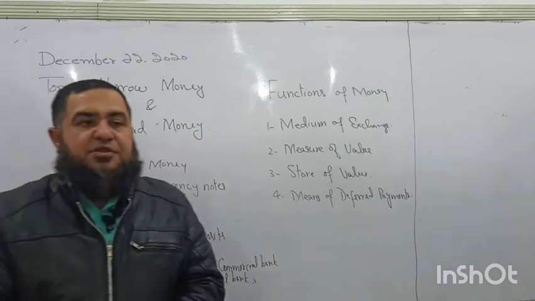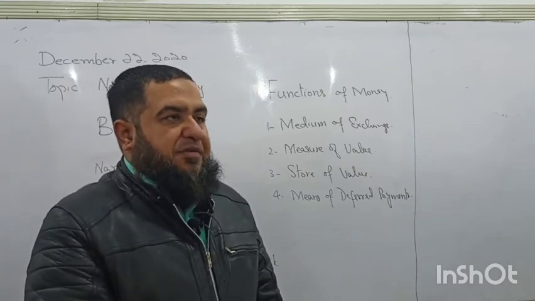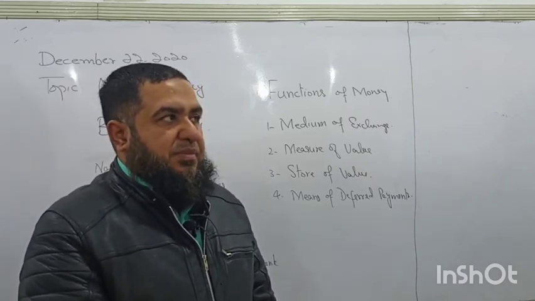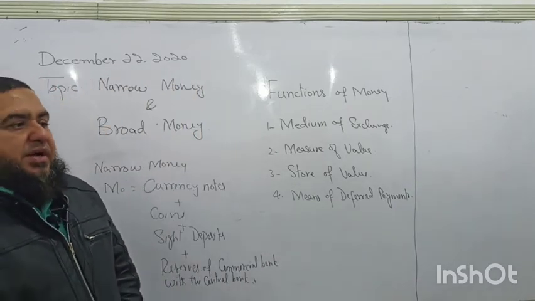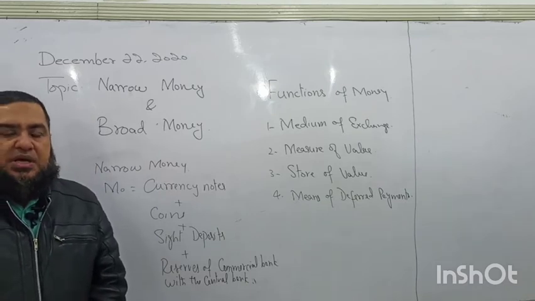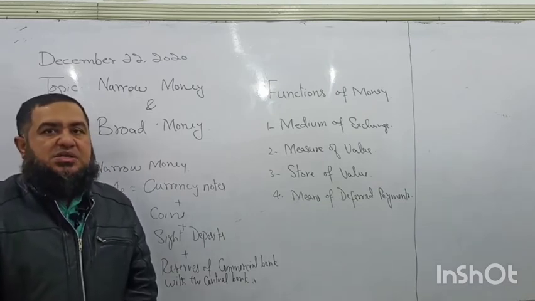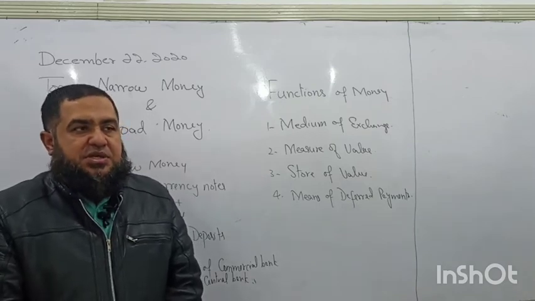What do you mean by sight deposits? Do you know what the different types of accounts are in the commercial banks which we can open? One account is called a current account, another is called a savings account. The current account is called a sight deposit. Why do we say it is a sight deposit?